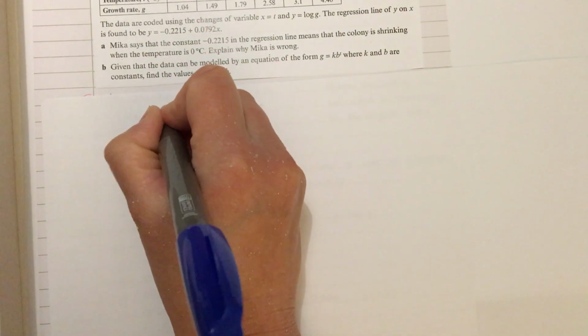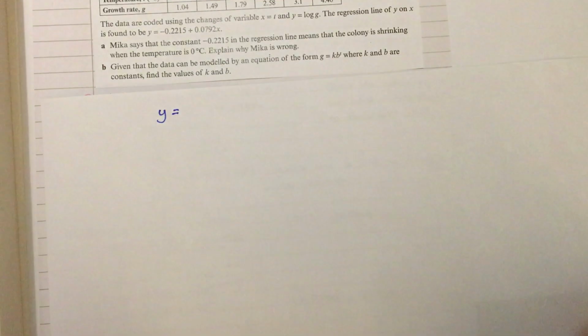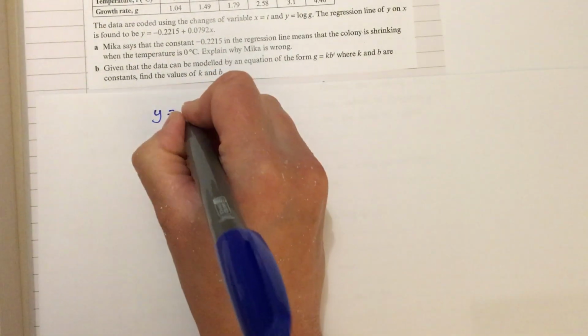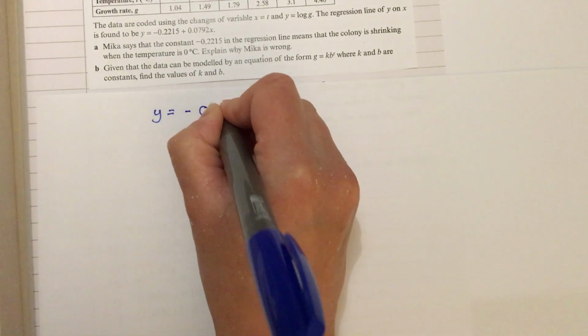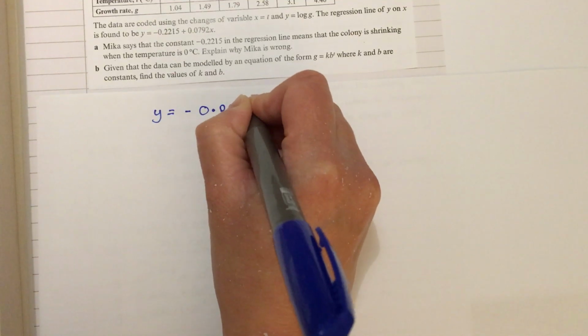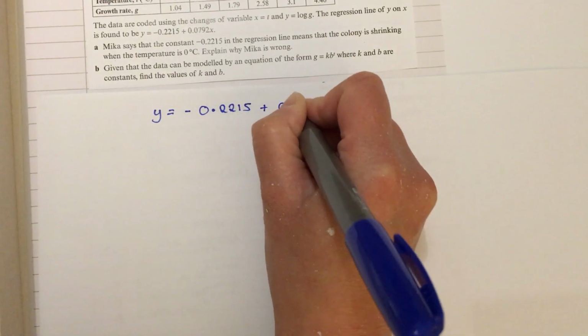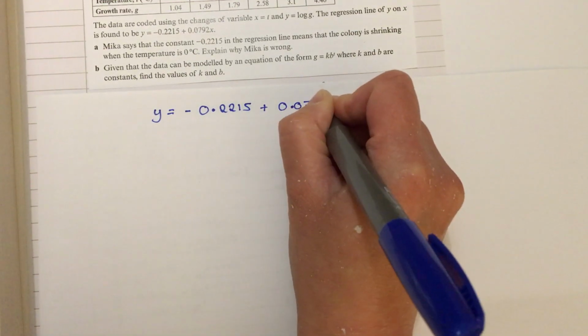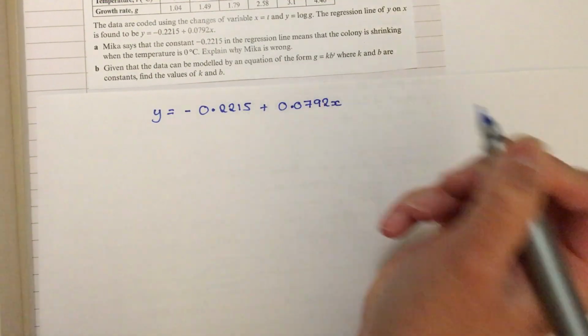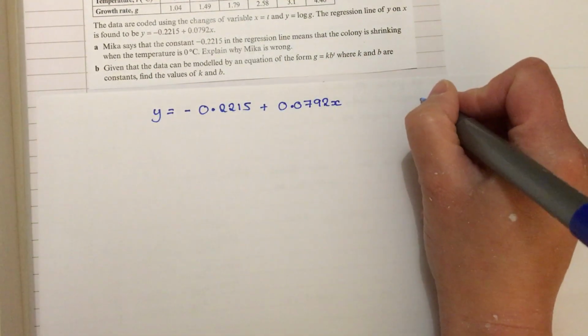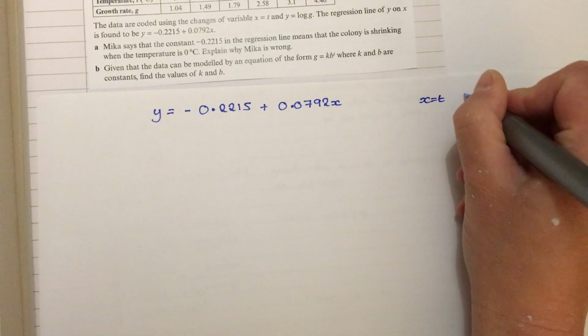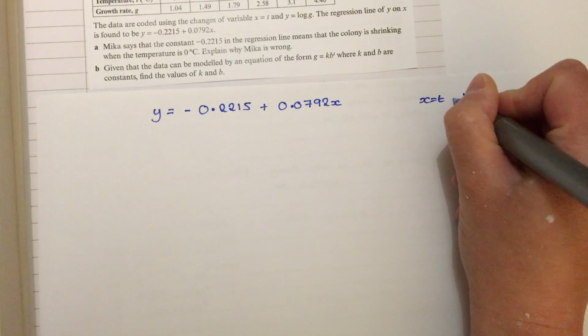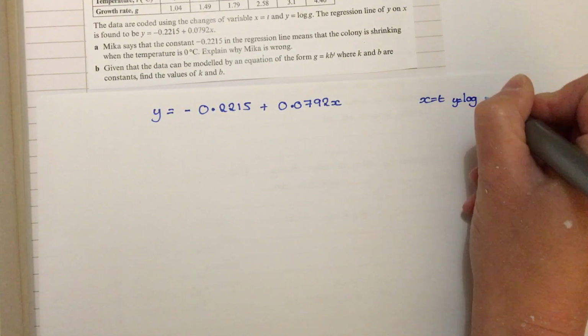So we know that y equals negative 0.2215 plus 0.0792x. And we know that the data was coded using x equals t and y equals log g.